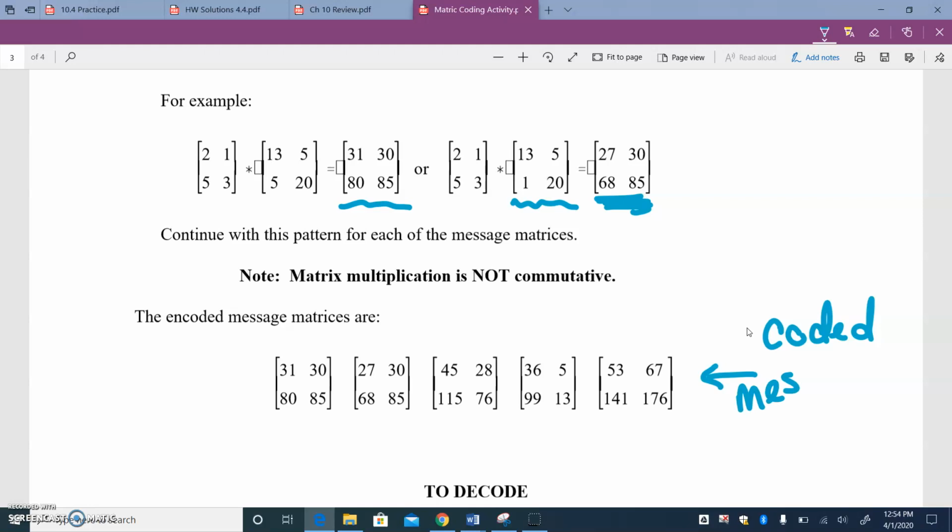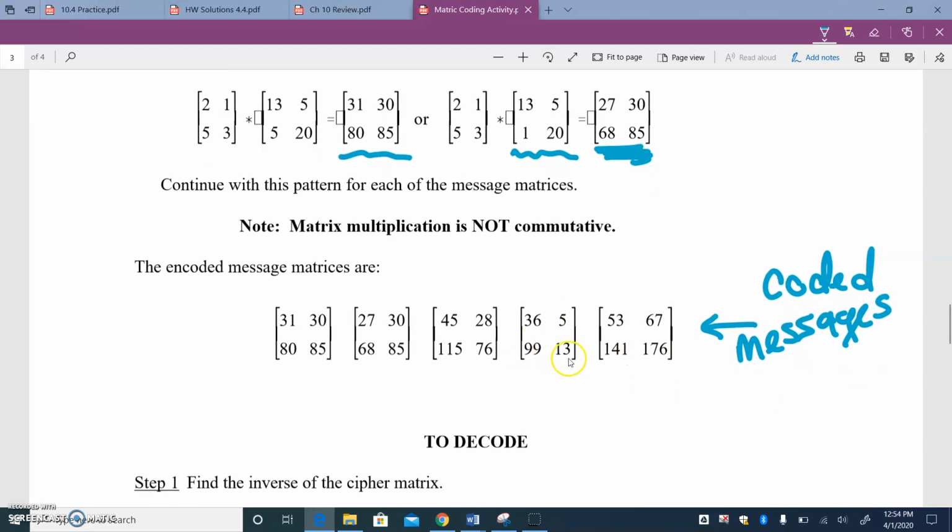So this is actually very well coded because you have numbers that at quick glance don't look like any pattern, don't look like any significance, and you have something as small as 5 and as large as 176. So even the number spans that they have are very hard to interpret meaning from. So even if this did fall into the wrong hands, it would be protected in the sense that it'd be very difficult to break the code here.